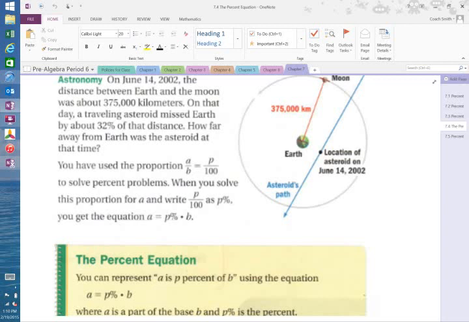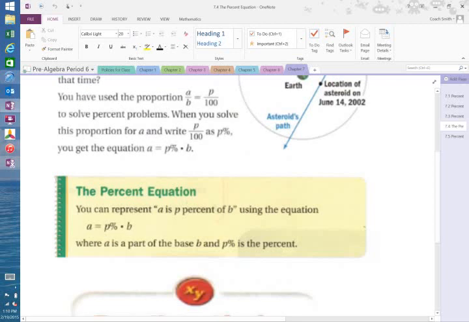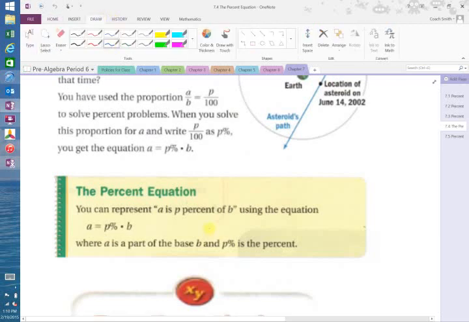Now, it's going through what we've used to solve up to this point. You've used the proportion method, which we just talked about, A over B equal P over 100. When you solve for A and write P over 100 as a P percent, you get the equation A equals P percent B. In other words, this equation is what we're going to look at.